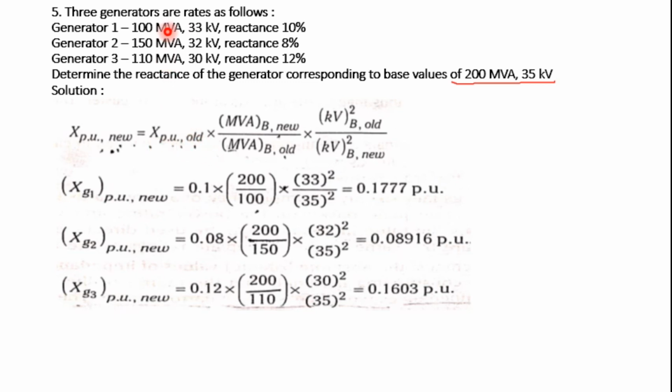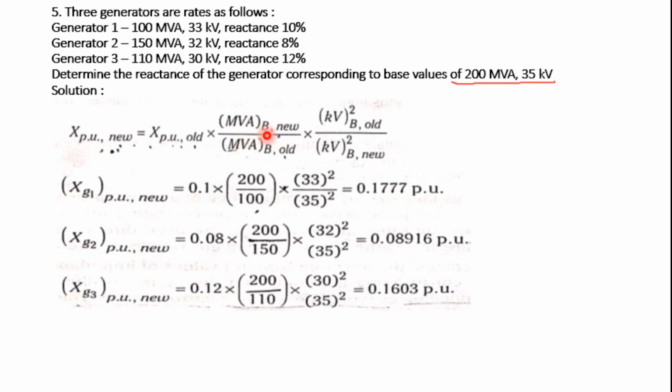Sorry, this is not subject to 100 MVA. We are talking about the x per unit old value. A reactance of 10 percent, 10 divided by 100, you will get 0.1.